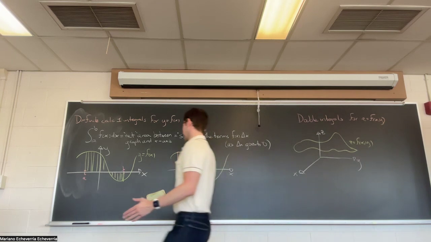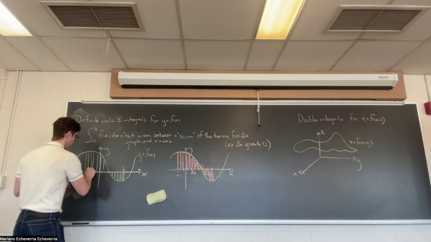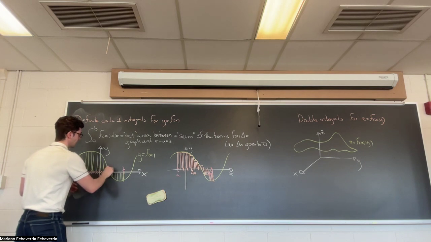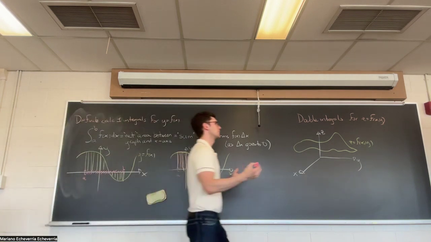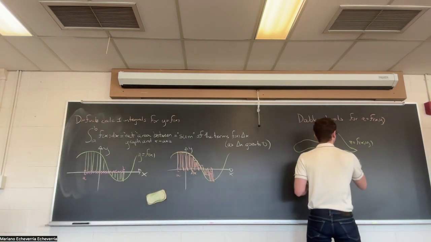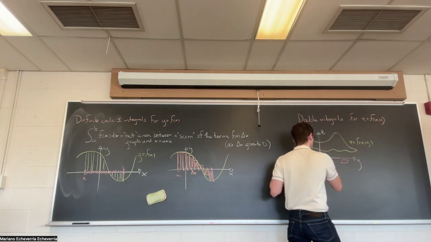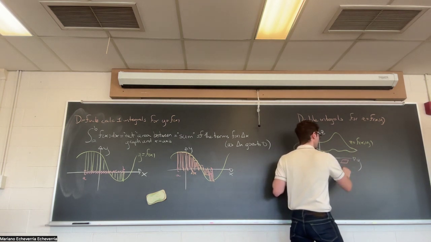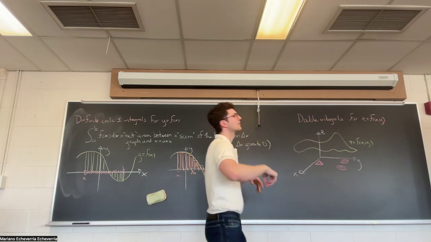And below, on the xy-plane, you would choose a region. For example, here are some things you could choose. You could choose a rectangle, a triangle, or maybe an ellipse, or you can choose more random stuff.